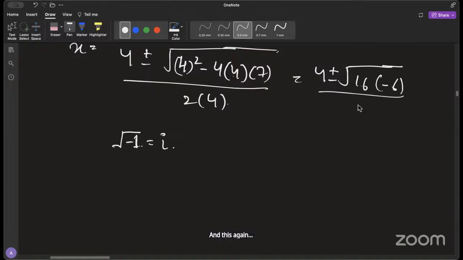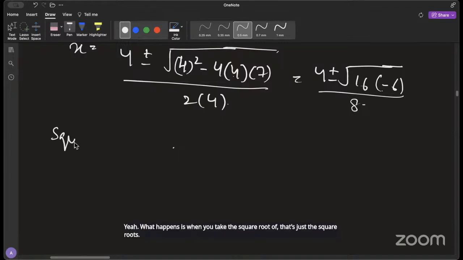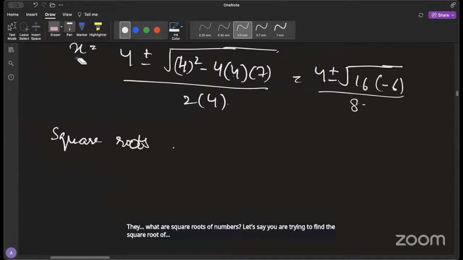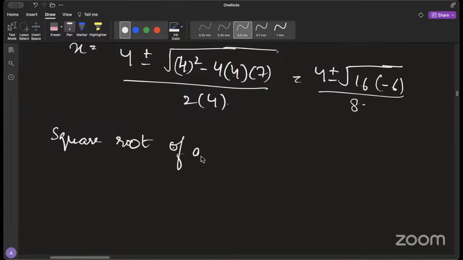What happens when you take the square root of a negative number? Let's discuss square roots. Let's say you are trying to find the square root of a. Square root of a basically means a number which, when squared, gives you a.